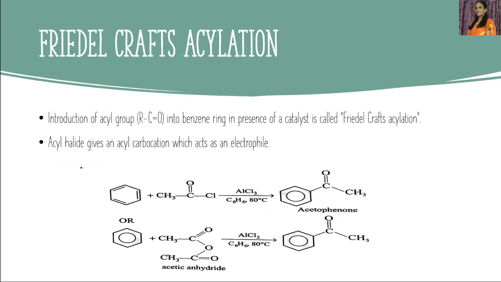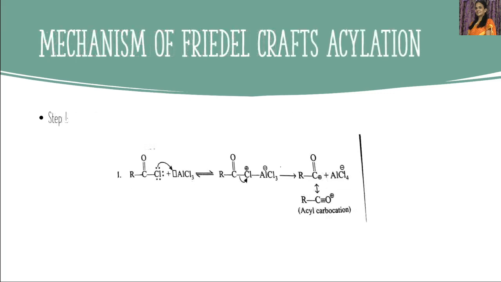Okay. Now let's discuss the reaction mechanism of this particular reaction. Friedel-Crafts acylation reaction mechanism. Step one is generation of an electrophile. Here, as the general reagent we considered RCOCl, that is acyl chloride.